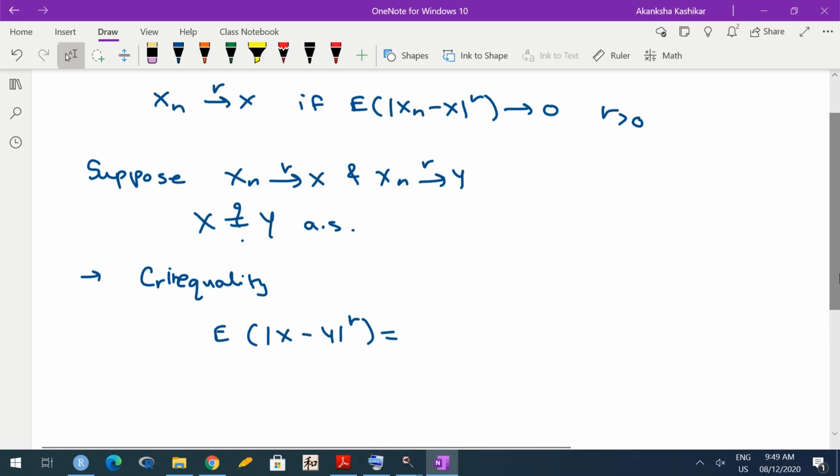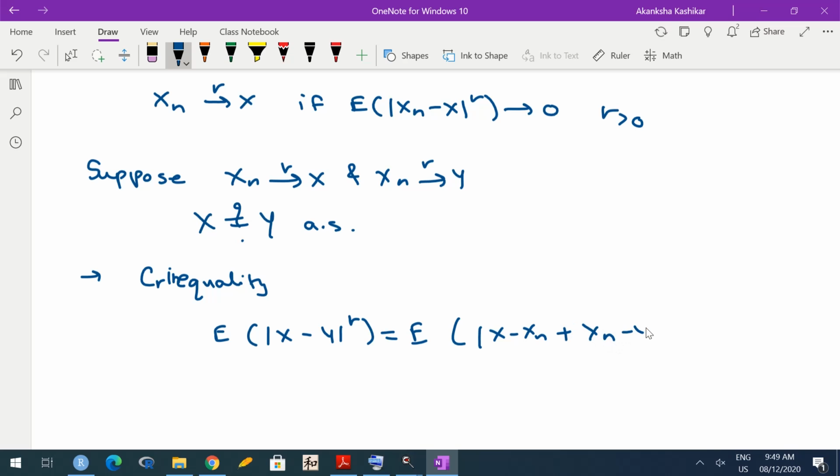So first, because I know that Xn is converging to both of these, I will bring in Xn. So this will become E|(X - Xn) + (Xn - Y)|^r. And now the Cr inequality lets me separate these two expectations.